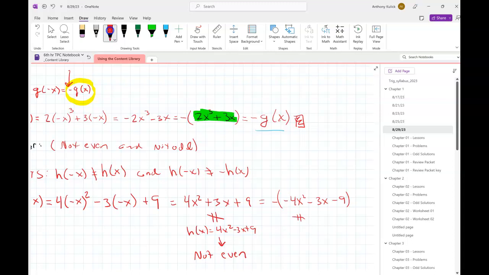And this is not equal to negative h of x, which would be negative 4x squared plus, well, let's write it in a factored way. And since that's true, we know it's not odd.